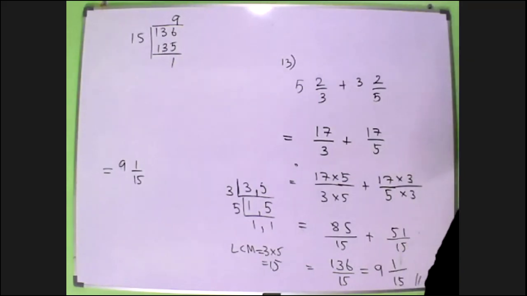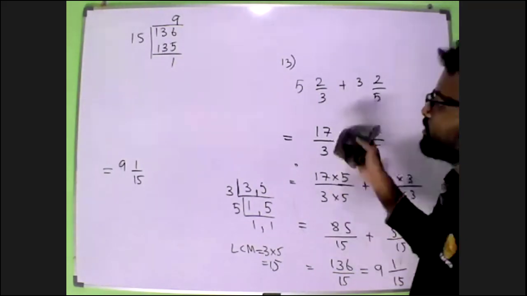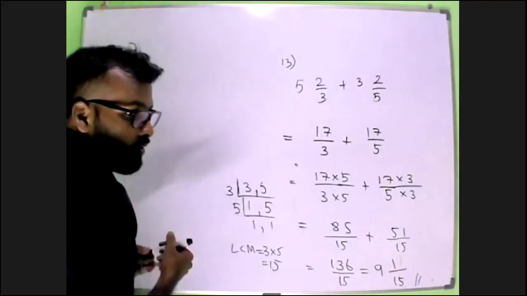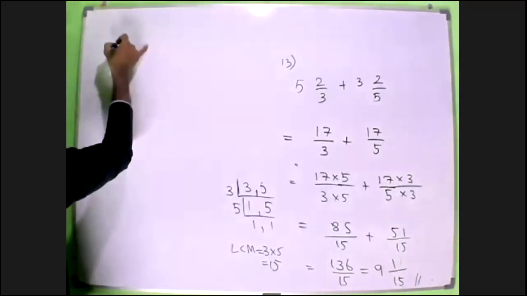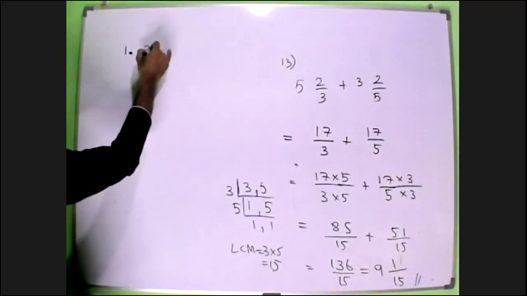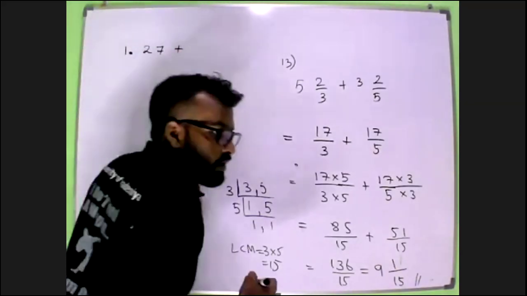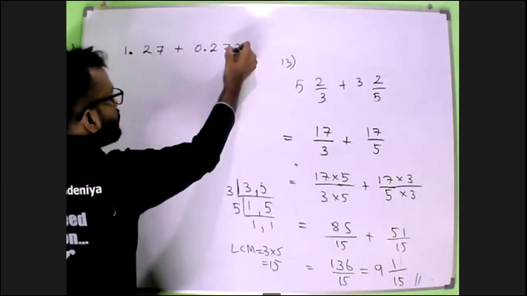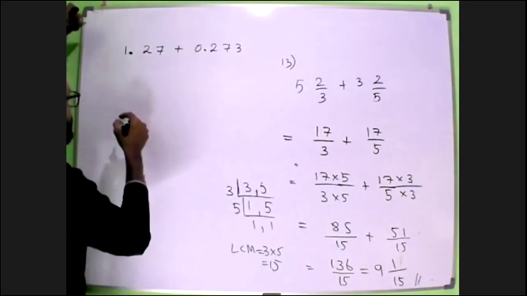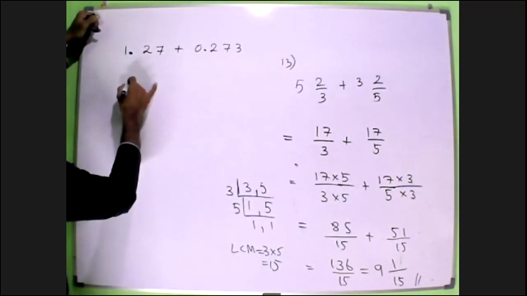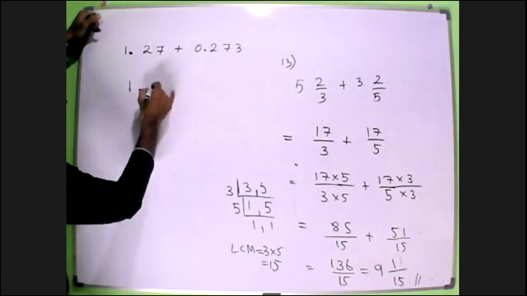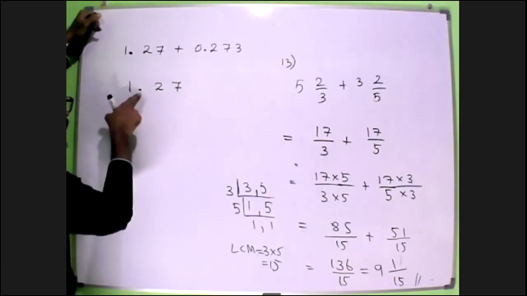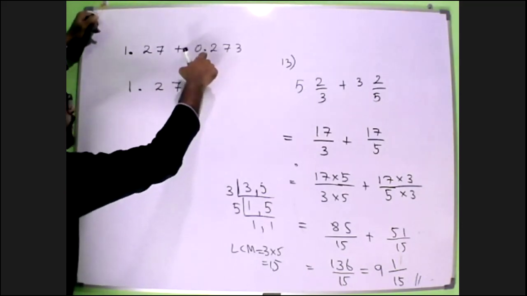So simplify 1.27 plus 0.273. So this is very easy, right? We have done these kinds of things recently. 1.27, here you have the decimal point.